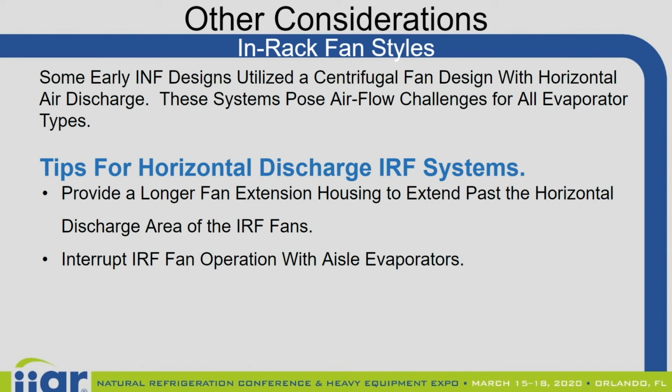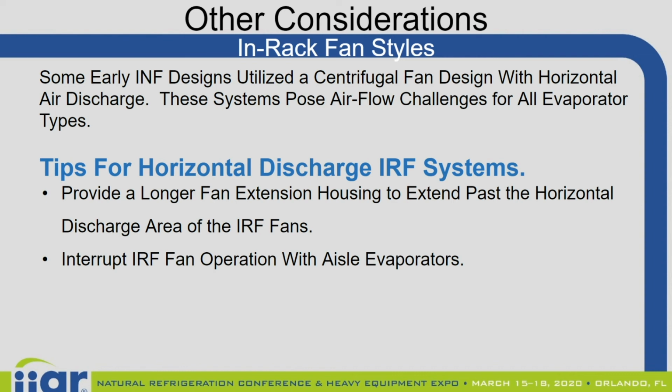Some other considerations: some early in-rack freezing designs utilize a centrifugal fan design with a horizontal or radial air discharge. These systems pose a different set of airflow challenges for all evaporator types. And then there's just a few notes.